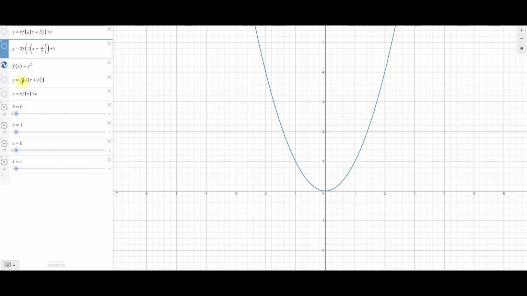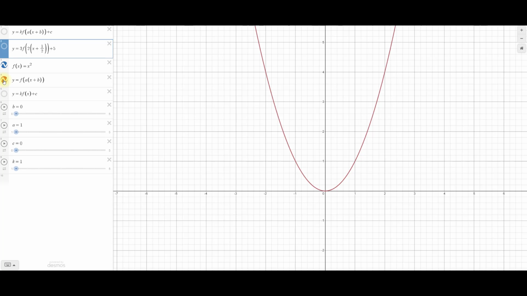I'm first going to look at the function when there are only transformations horizontally. So I have an a being factorized outside x plus b, and anything that happens inside the function results in horizontal transformation. So I'm going to select my red function.